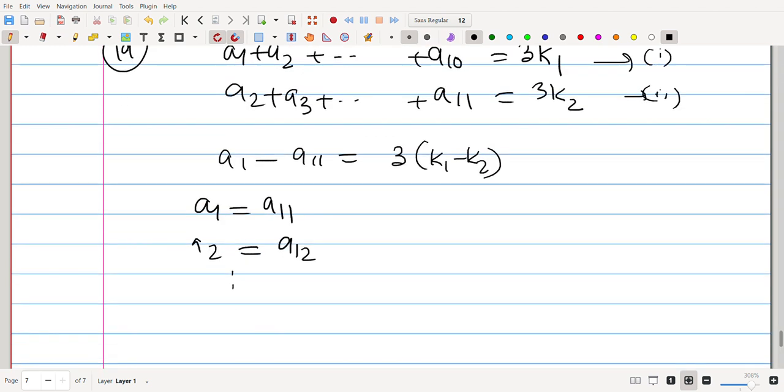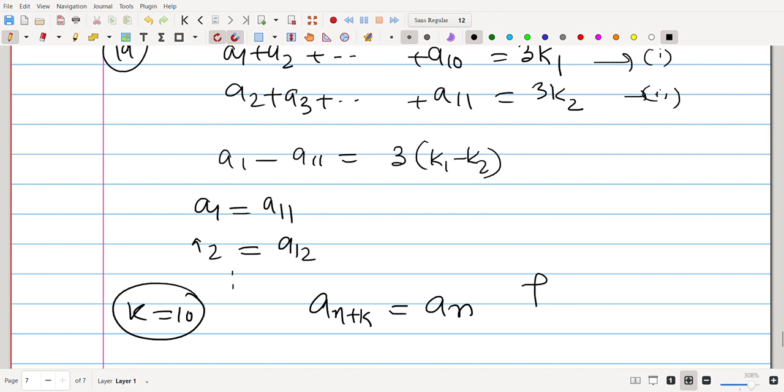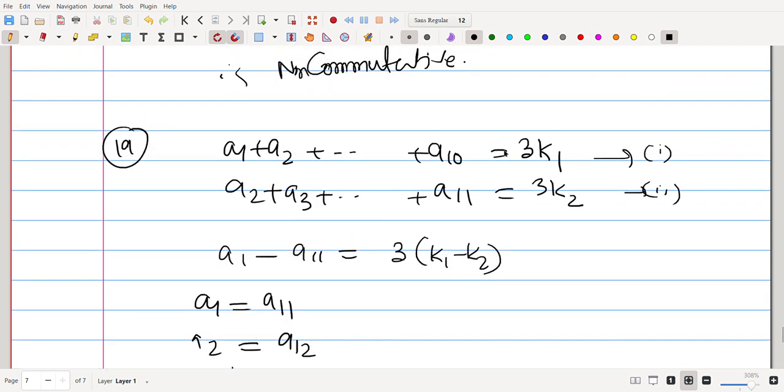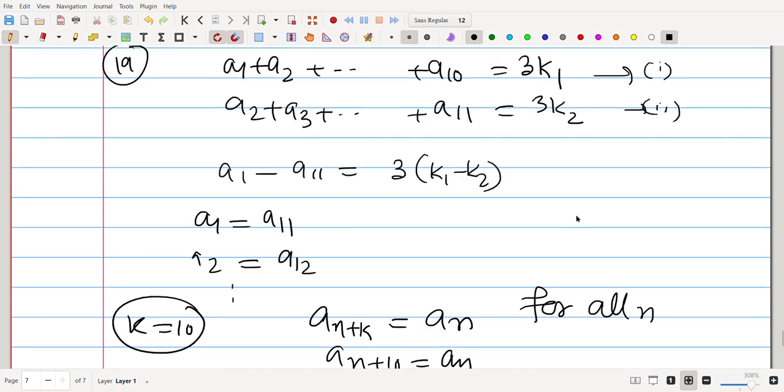That means you can choose k to be 10, then a_(n+k) equals a_n for all n. You can easily check a2 equals a12 similarly, because a3 up to a12 is 3k3, and if you subtract, you will get the same, and so on.